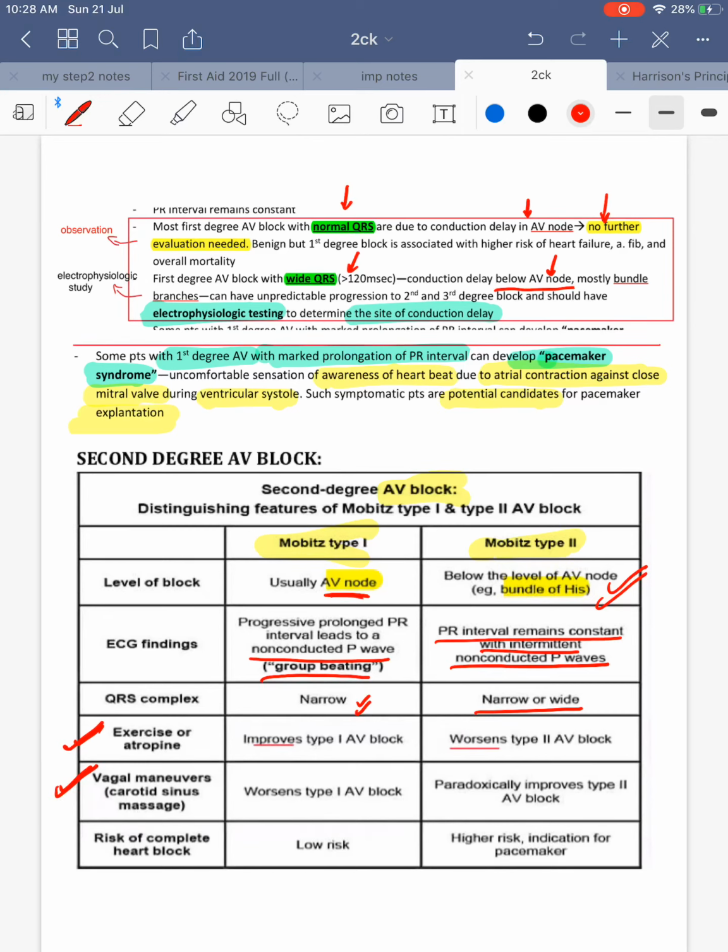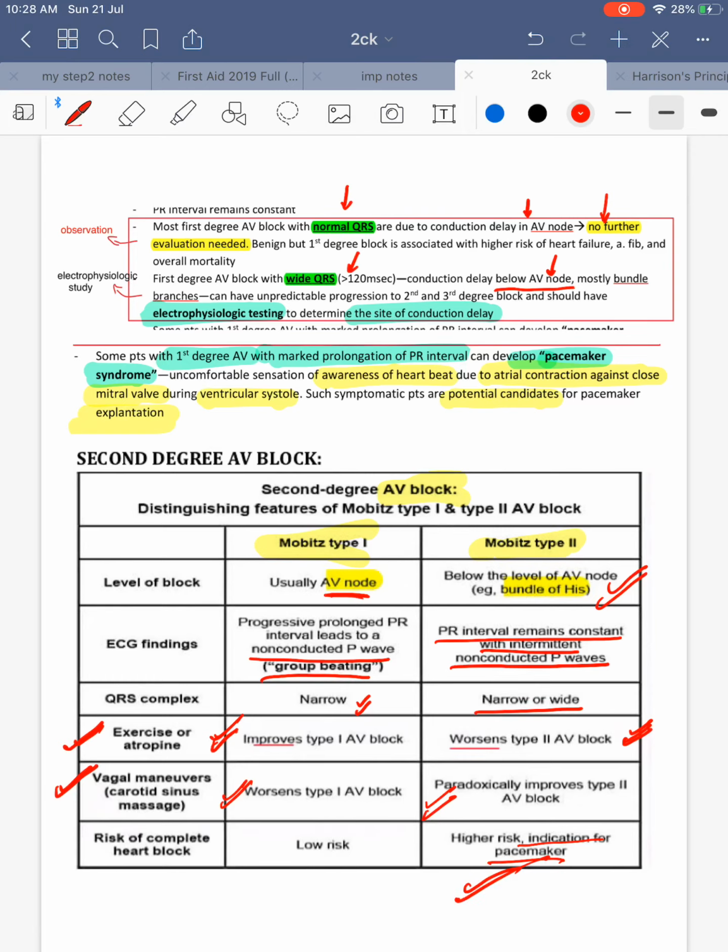Exercise or atropine is improving Mobitz type 1, whereas it is worsening Mobitz type 2. Whereas the vagal maneuver, for example carotid sinus massage, is worsening type 1 and paradoxically improving type 2 AV block. The risk of complete heart block is low in case of Mobitz type 1, whereas it is high in case of Mobitz type 2, and it is an indication for the pacemaker.